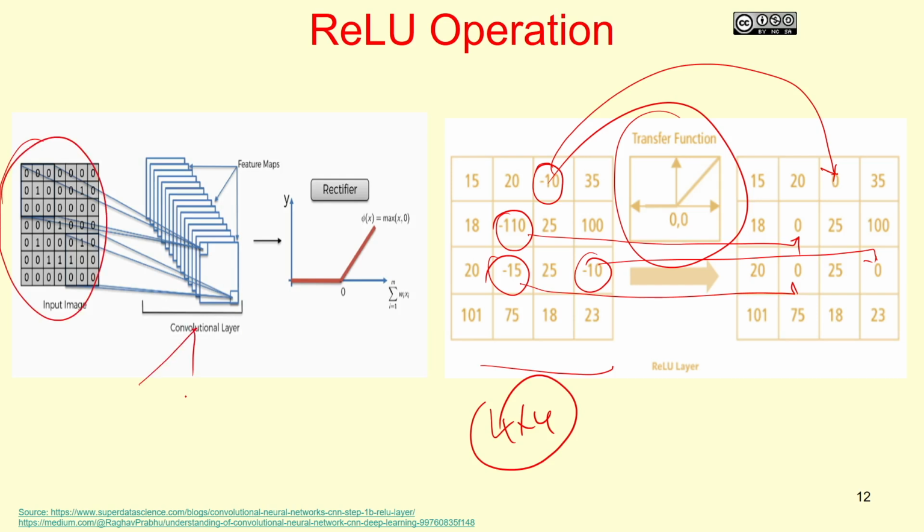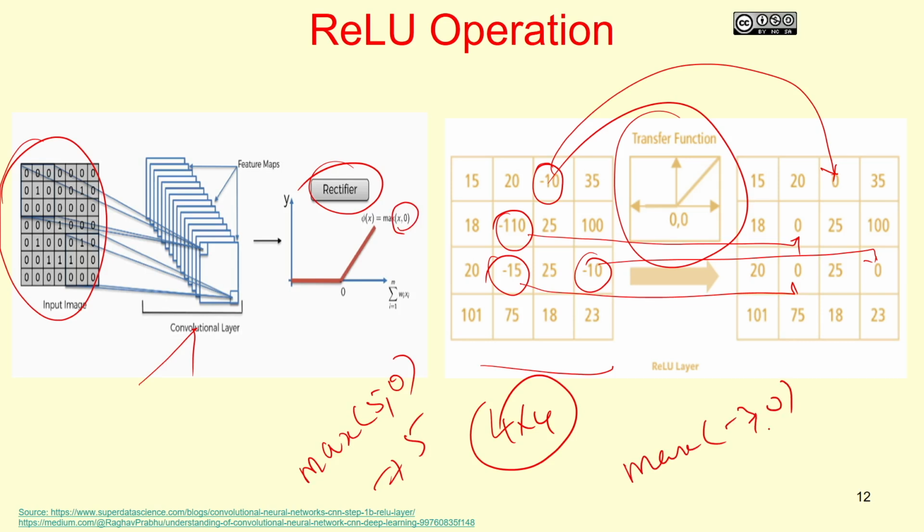The input image is reduced to a particular size that depends on the kernel size, and over that we apply the rectifier, and that will choose the maximum value, here max of x comma 0. Suppose the pixel value is 5, then 5 is written. Suppose the pixel value is -3, what is written? Max of -3, 0 is written. So, this is the ReLU operation.